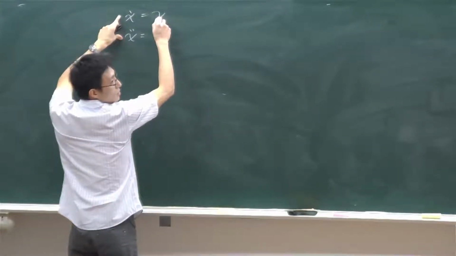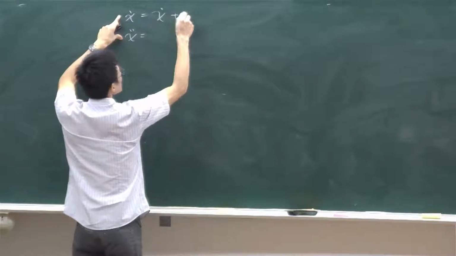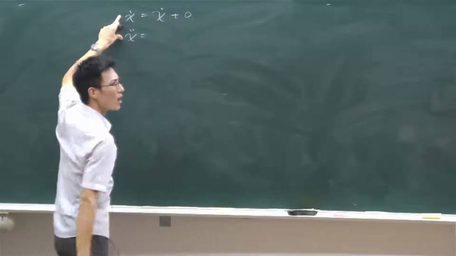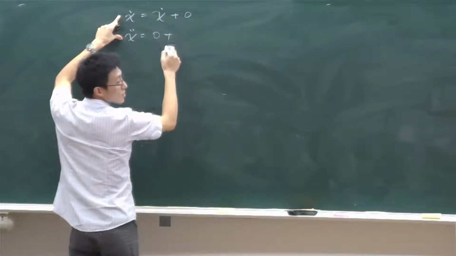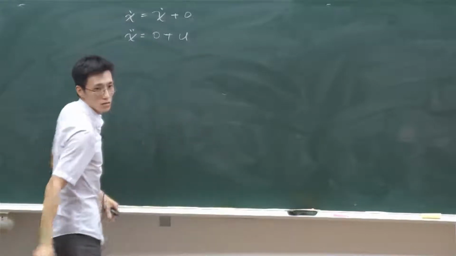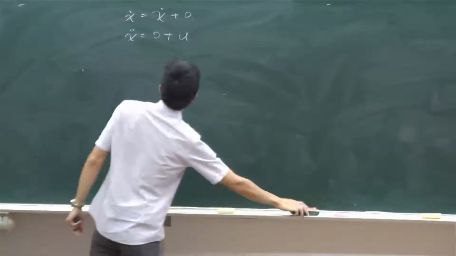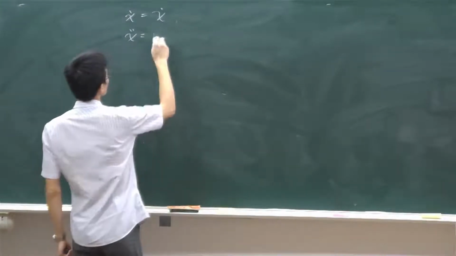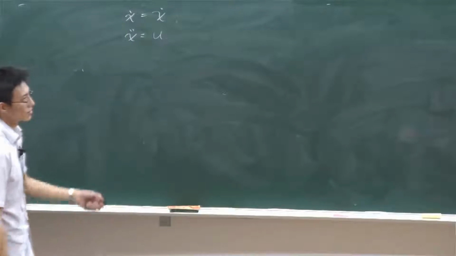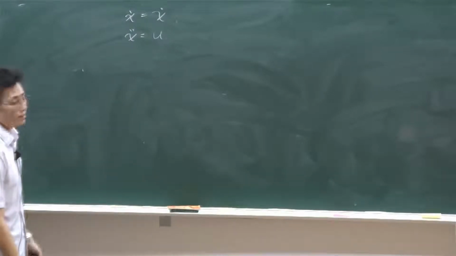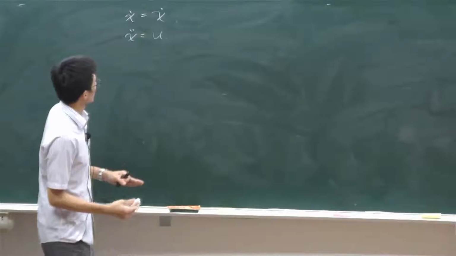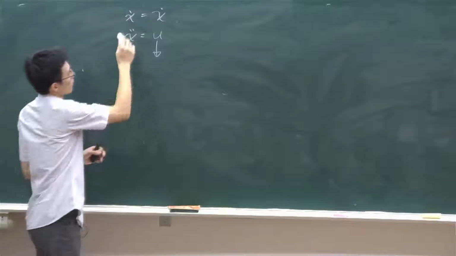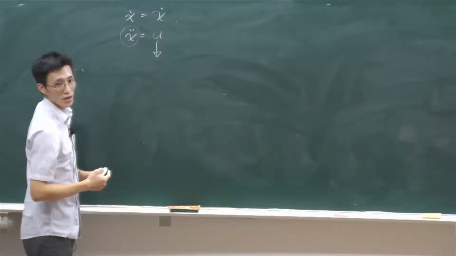And how about next? It equals x dot plus 0. This one is x 0 plus U, right? So 0, we just keep it clean. Basically it's this kind of system. For this kind of system, your control input can affect the acceleration, right?